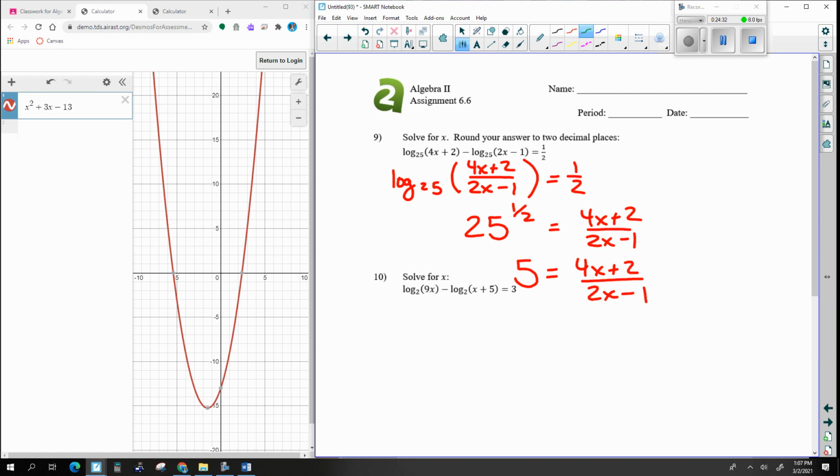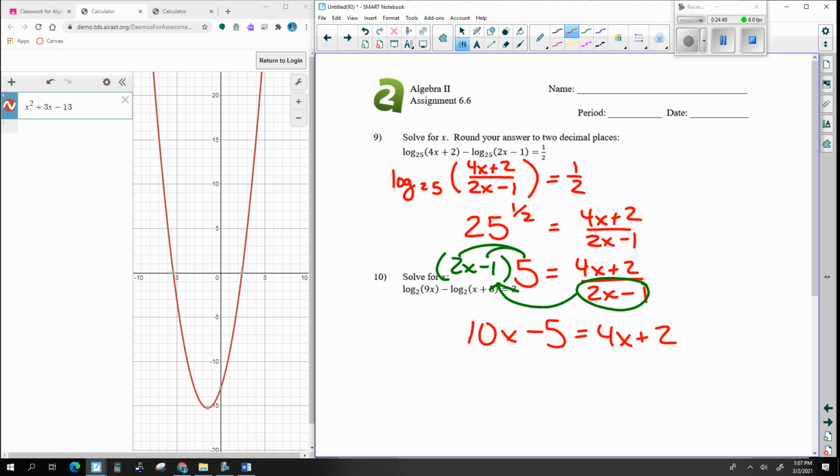What I'm going to do to start solving this is I'm going to multiply this out. Okay, so this is a 2x minus 1 being multiplied, so I have to bring in that 5. So this is going to be 10x minus 5. Okay, get all letters to one side. I'll subtract 4x, so that turns into 6x.